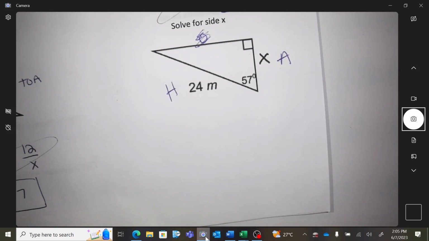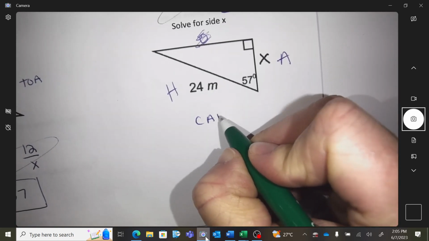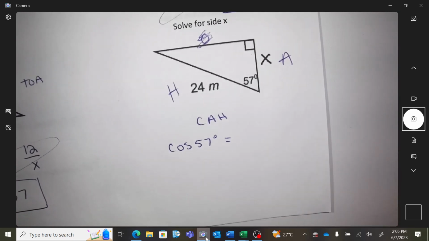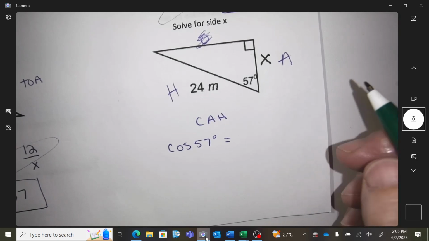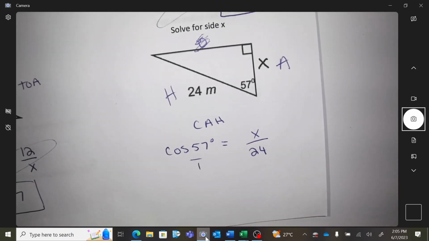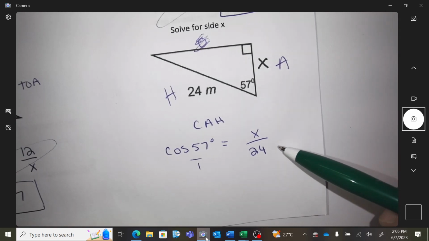Are we okay with that? I'm picking CAH. So the cos of 57 equals the A over the H. I'm going to put that over 1, which means I multiply.